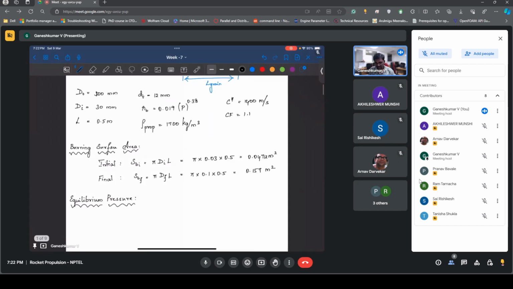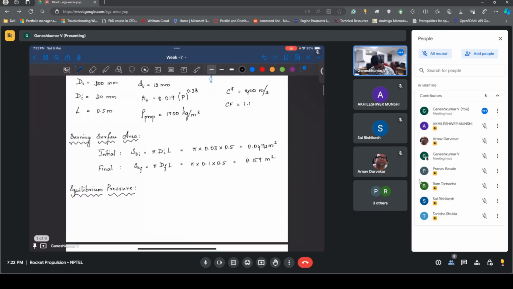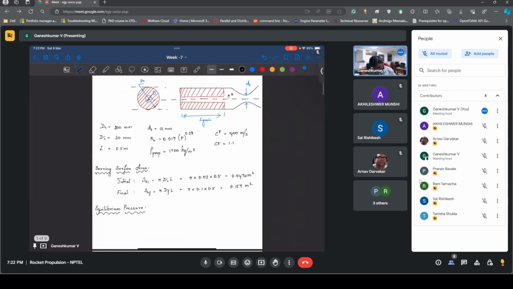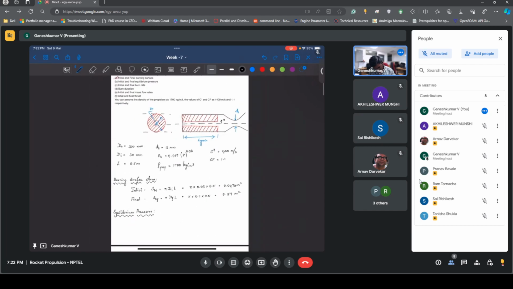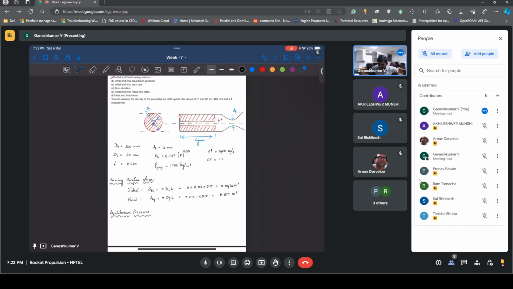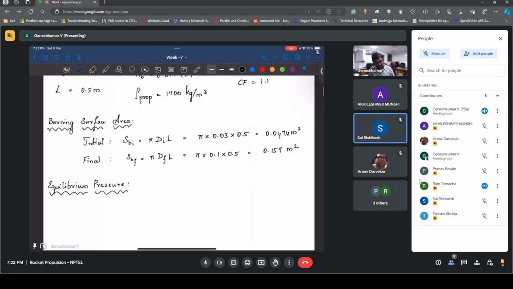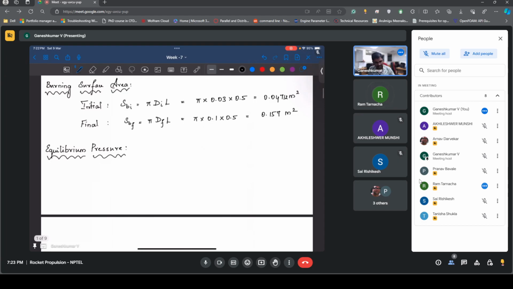Was someone saying anything? How do we calculate the equilibrium pressure? Can we use the equation that they've given? Okay, what is that equation? The mass flow rate, and the mass flow must cause the pressure.